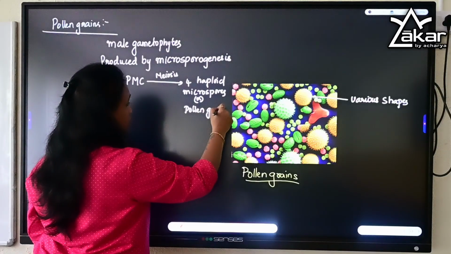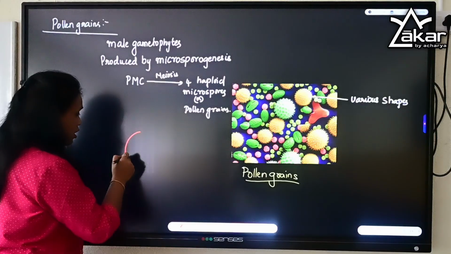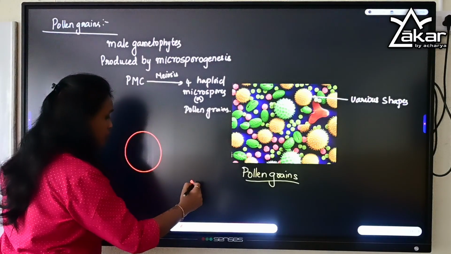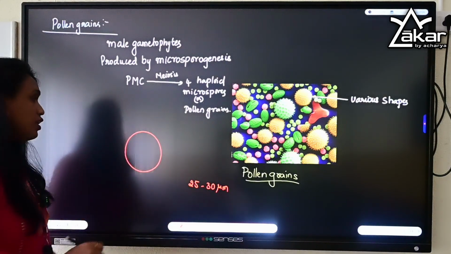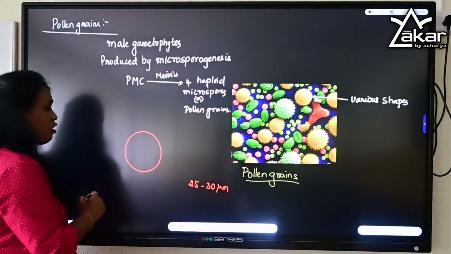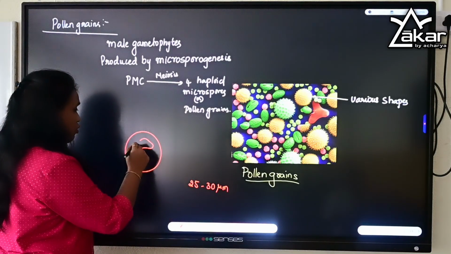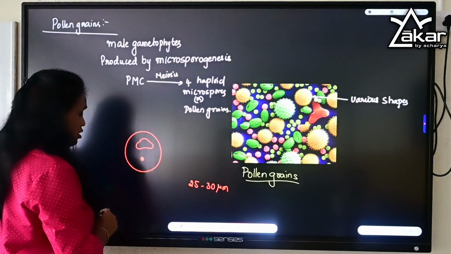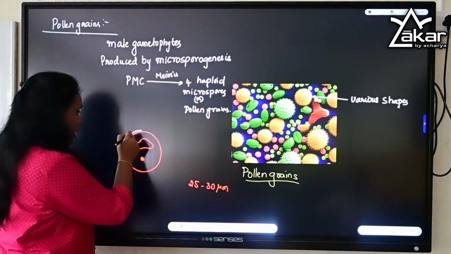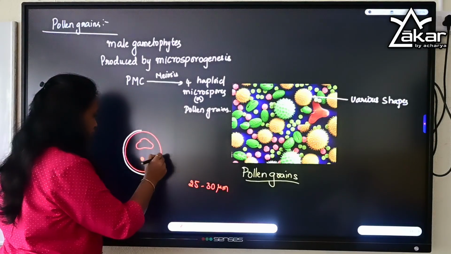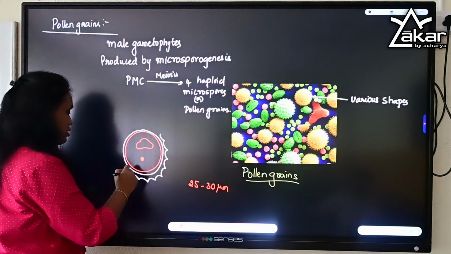The pollen grain which is produced is spherical in shape and about 25 to 30 micrometer in size. Each microspore or pollen grain contains a nucleus and a vacuole. It is covered by an intine and externally covered by an exine.